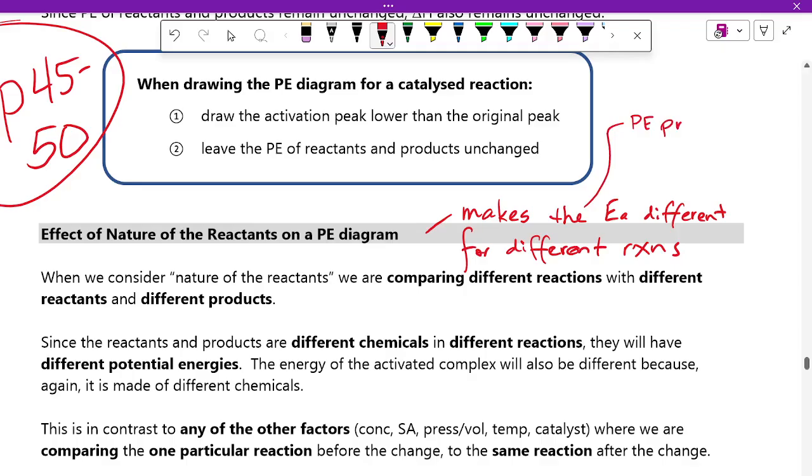It makes the potential energy of the reactants different as well, and the products. Potential energy of the reactants, potential energy of the products, and the activation energy.